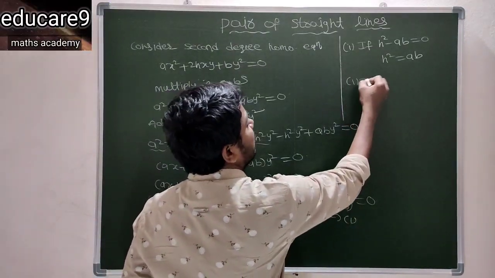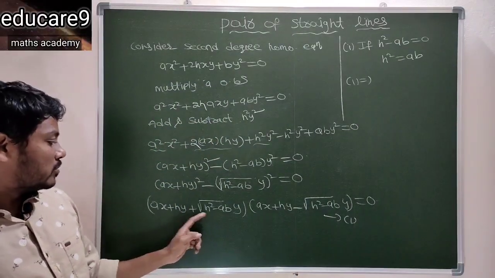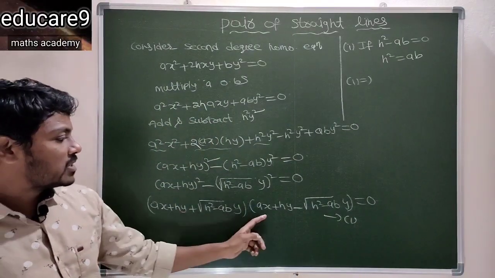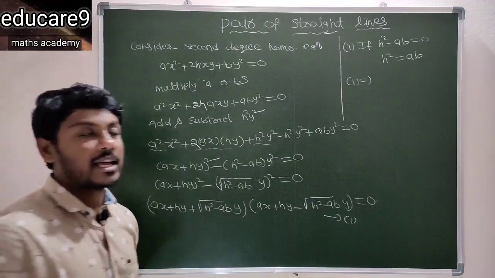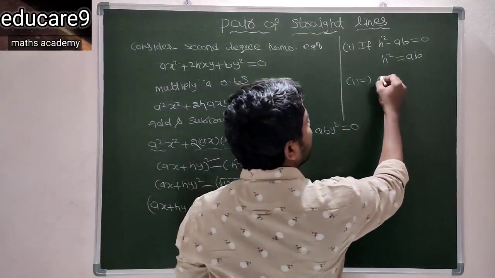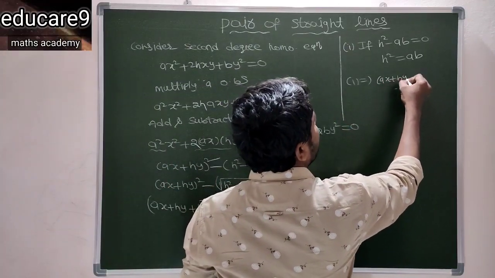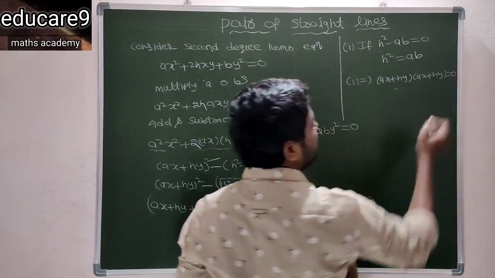Equation 1 implies the h square minus ab value is 0. So this is ax plus hy and this one is also ax plus hy. So clearly both lines are coincident lines. Therefore equation 1 implies ax plus hy into ax plus hy is equal to 0.